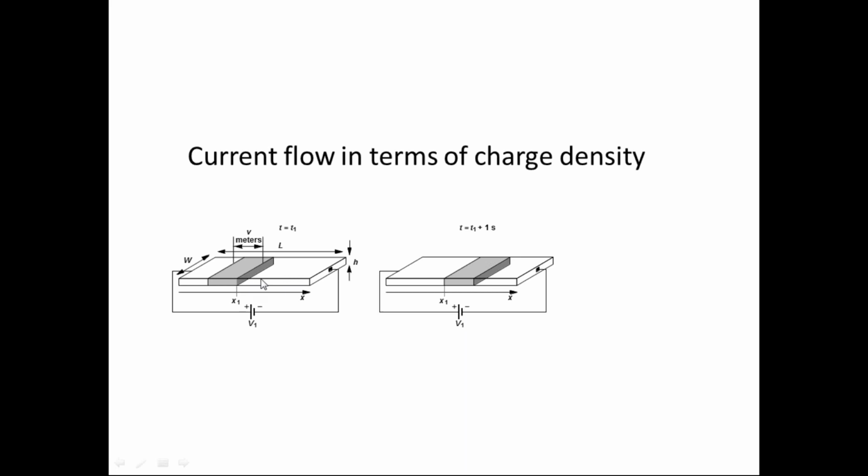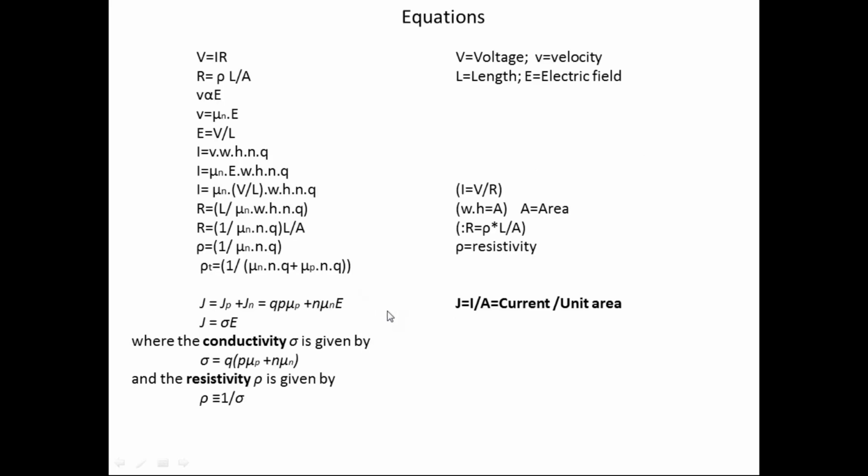Here the geometrical figures are: W is the width of the material, then the length of the material, and the height of the material. Now coming to how to find the resistance offered by a silicon material.